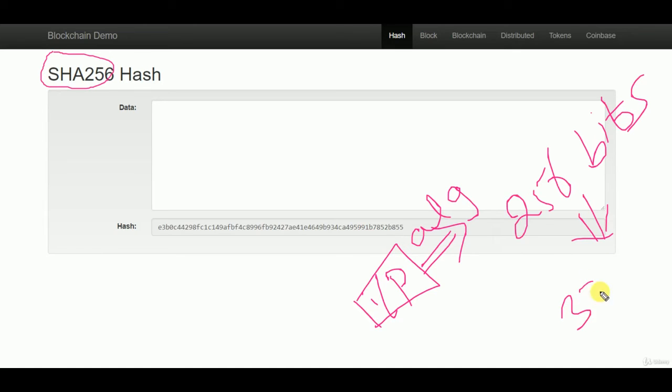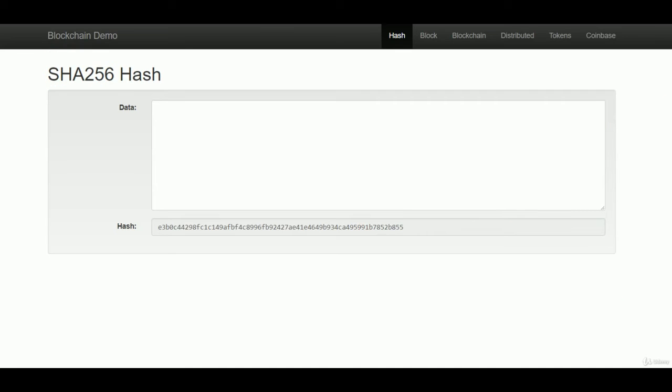So that is what this hash is. Whatever input you give, it will generate a 32 byte, or 256 bit, hash value. Now let's see. I'm going to give the value as hi. See, for hi, this is the hash that is generated.